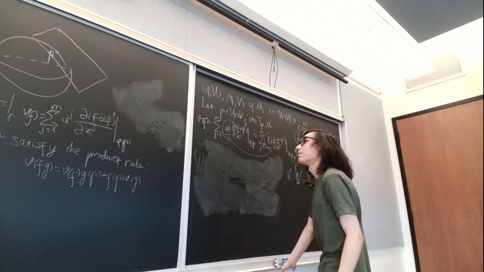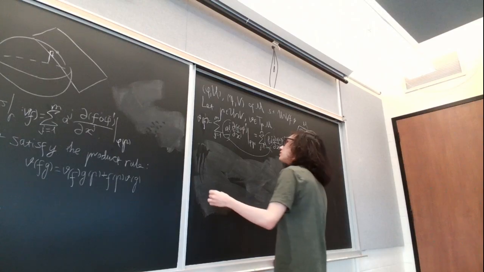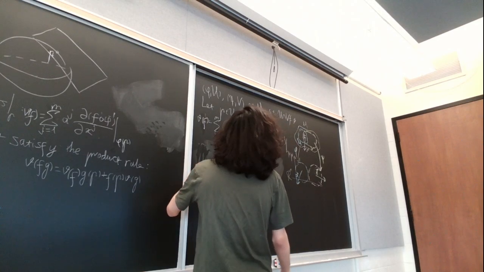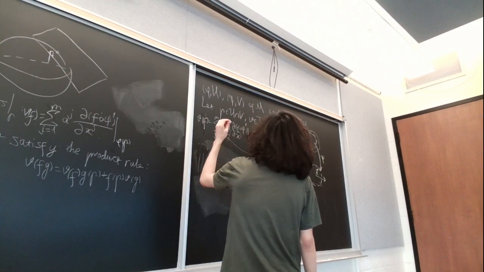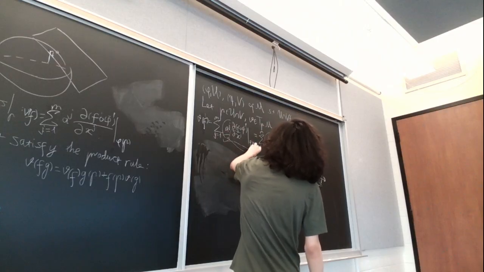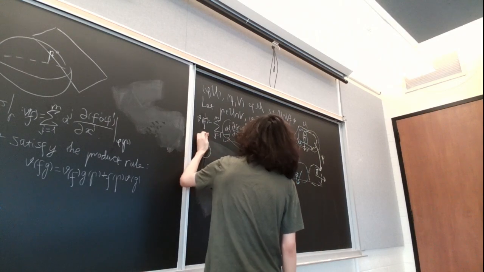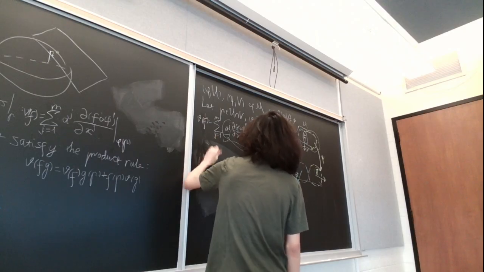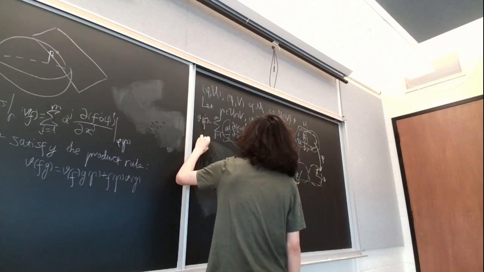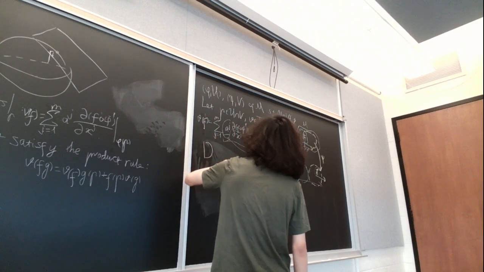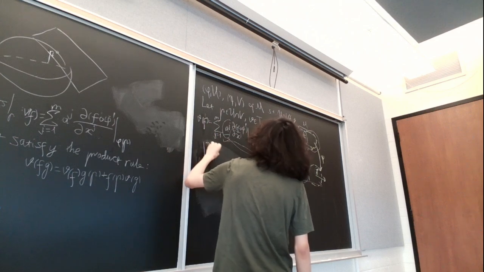Great. Right. So here's what we're gonna do. Notice that this is essentially just the same as D, or the Jacobian. Technically, we're gonna have a different D later, but it's fine.